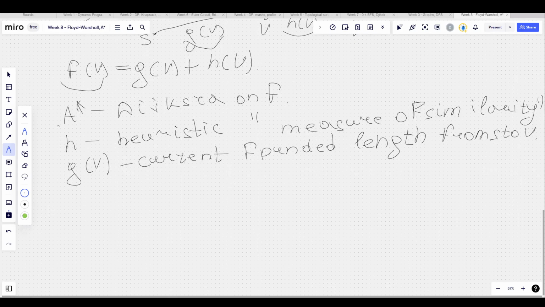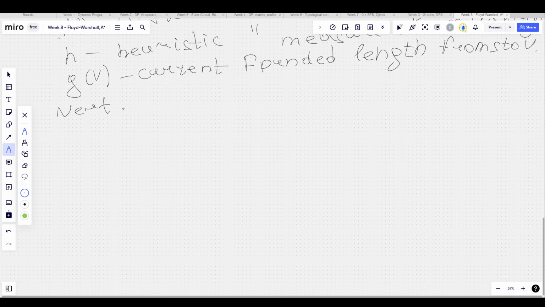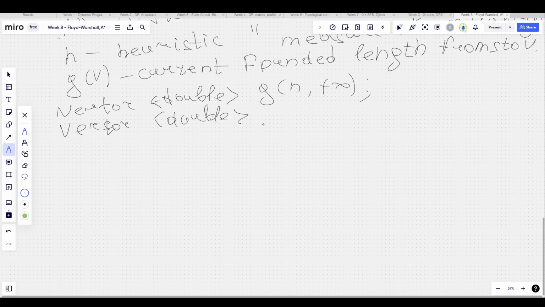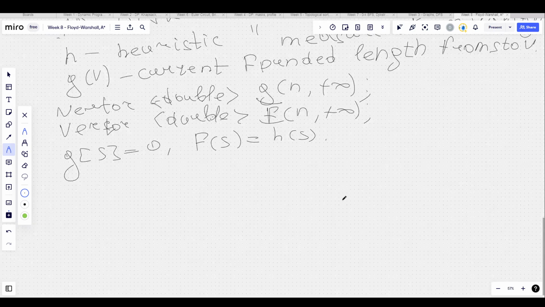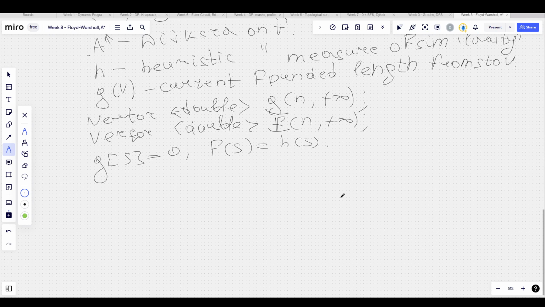How we did it in usual Dijkstra. I provide you a pseudocode. Vector double G, usual G, and vector F. I use these denotations because in every literature it is called G and it is called F. G of s equals to null, and f of s equals to h of s. H of s is a heuristic that we declared, that we defined.